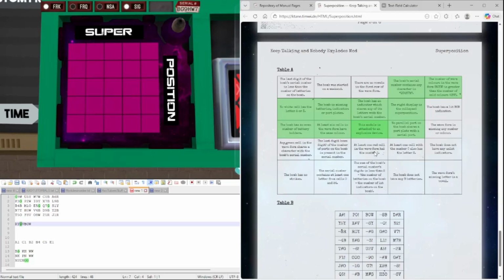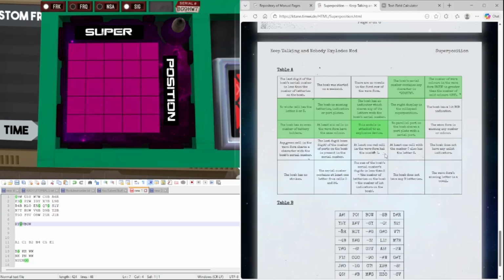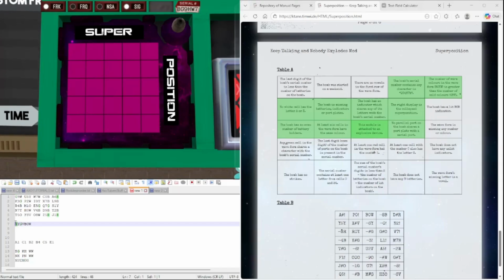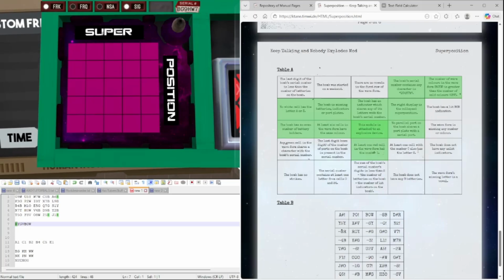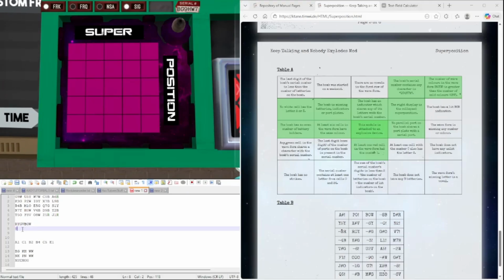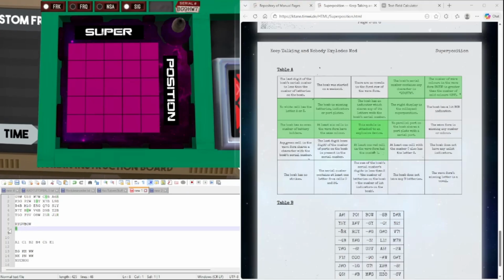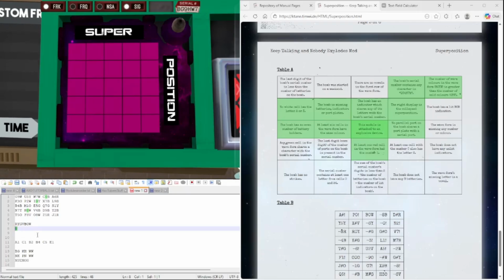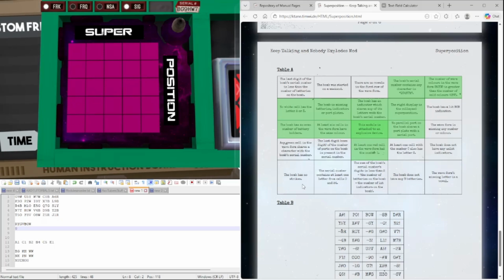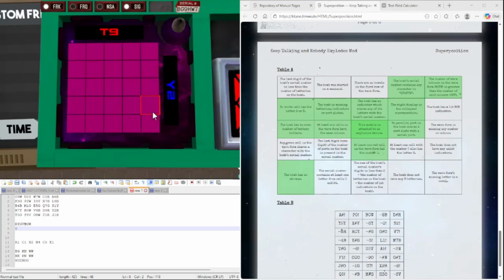Serial number, no. At least one red cell in the waveform has the number 1? Yes. At least one cell with the number 0 also has the letter Z? No. The bomb does not have any unlit indicators, no. Or no strikes, currently yes.